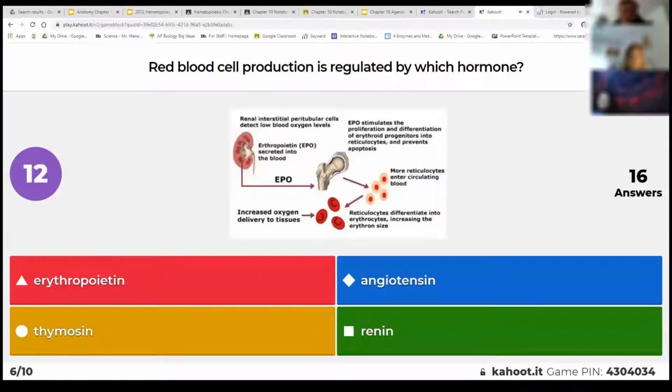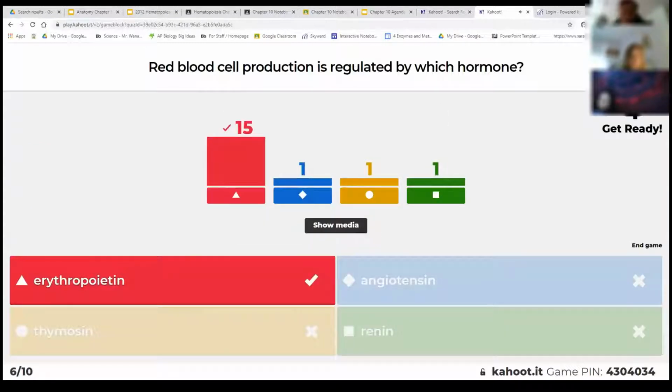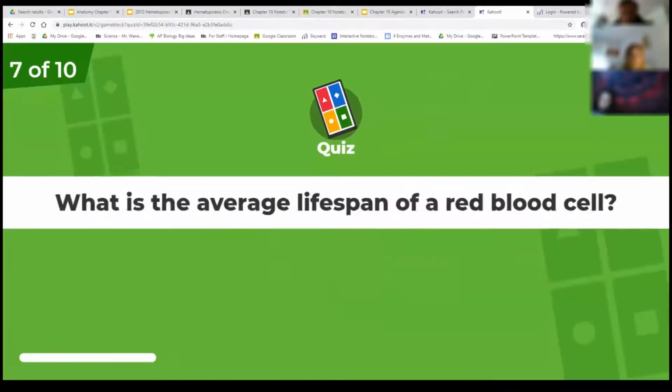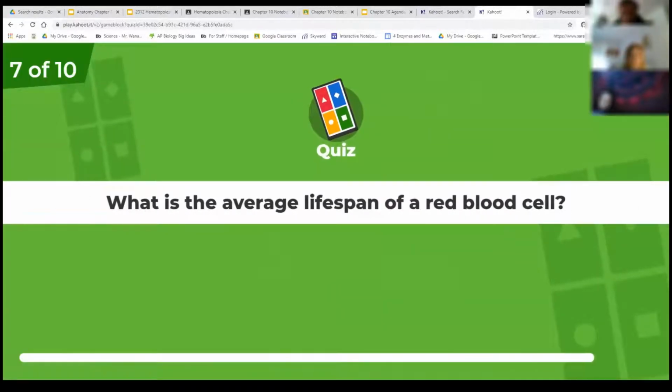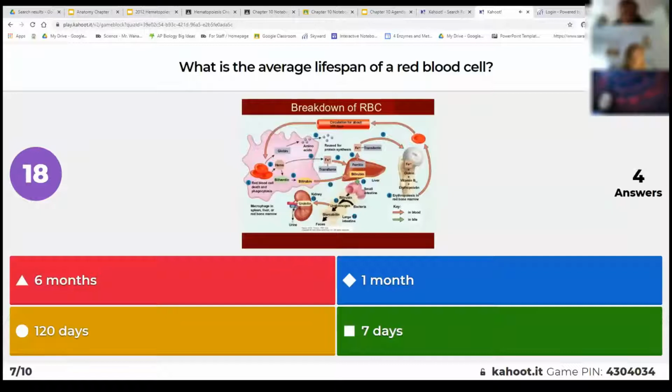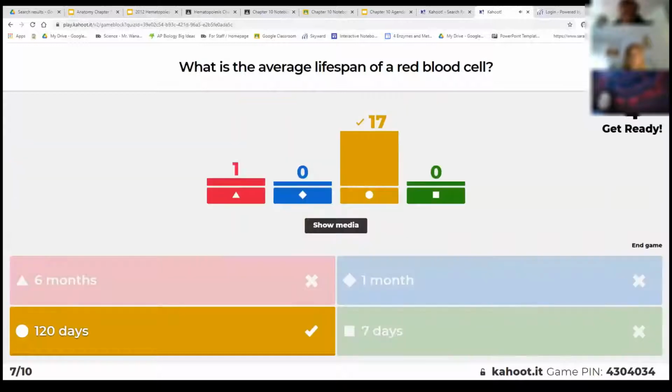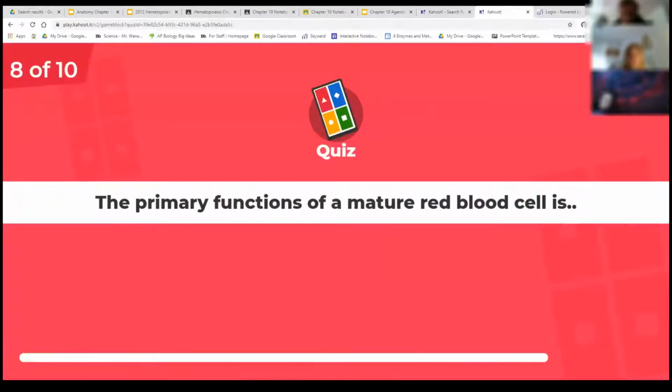It was in the reading, it's in the picture, and you might just go with context. Erythro meaning red, so... 120 days, almost all of it. Nice work. Kayla's on fire.